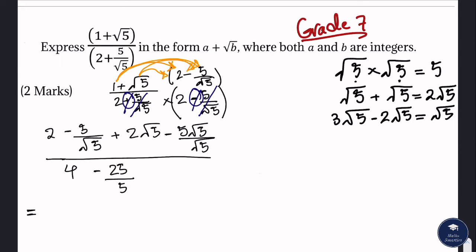Now further simplify. Whenever we are simplifying, we add up the numbers that are similar.